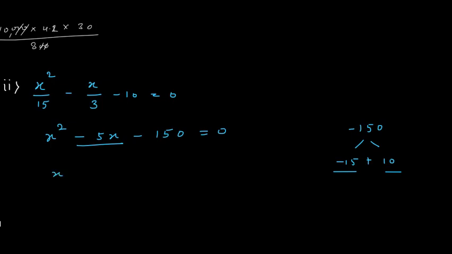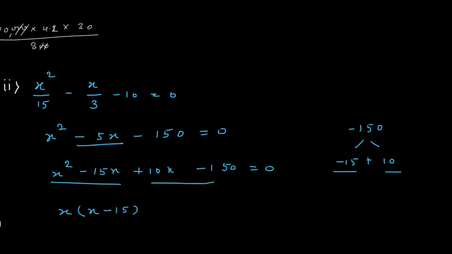So let us write this as x square minus 15x plus 10x minus 150 is equal to 0. From these two we take x common, and from these two we will take 10 common, and the result is 0.